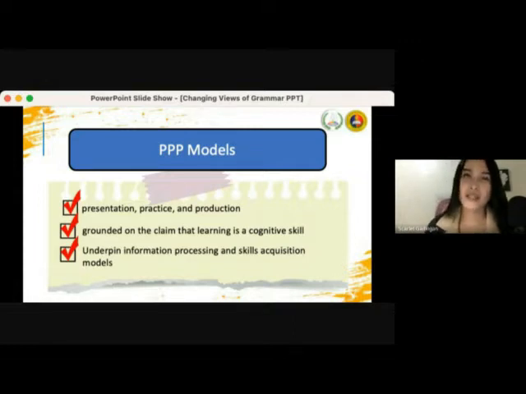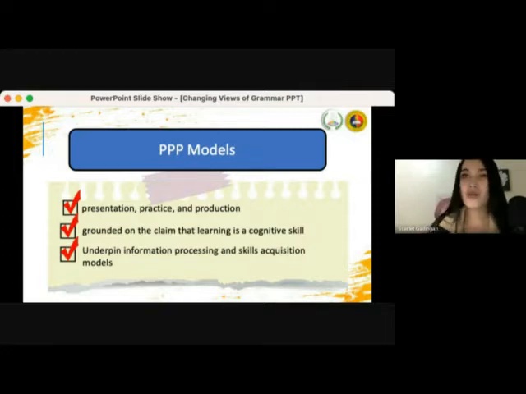Okay, controlled practice, you can think of it as something that will really enrich the knowledge established in the presentation stage. The procedure here or the movement is from controlled practice to less controlled practice, just for students to really familiarize and then gain control of the introduced structure in the presentation stage.